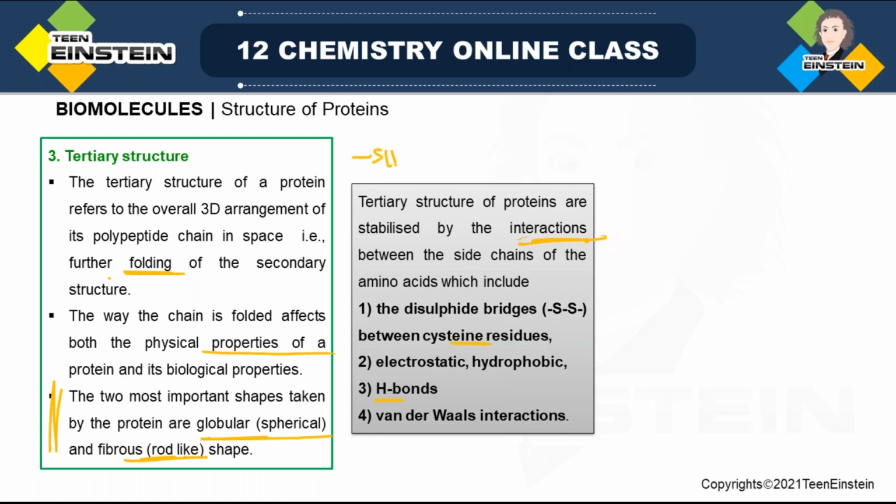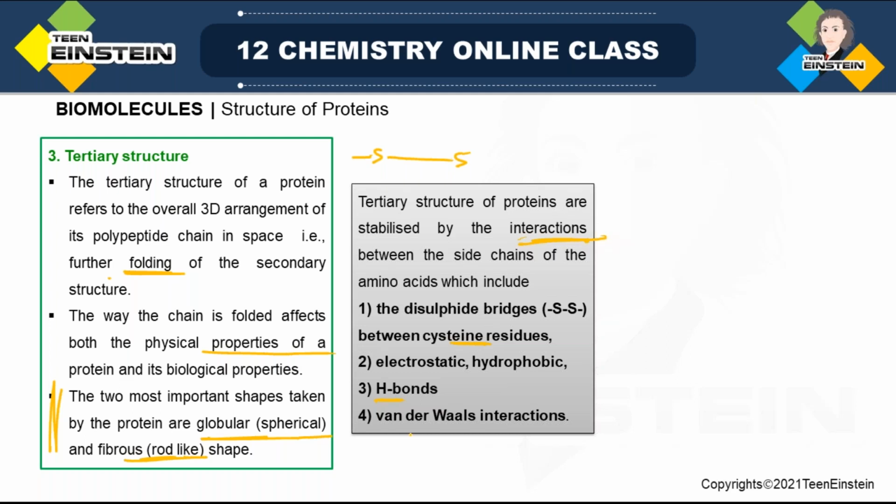So the SH group of one amino acid residue and another SH, if these two are connected, there will be formation of a disulfide linkage like this. So two amino acids with the SH group in the side chain are now connected to each other, that means they will come close to each other. This type of disulfide bridge is only possible when there is a cysteine side chain, otherwise it is not possible.